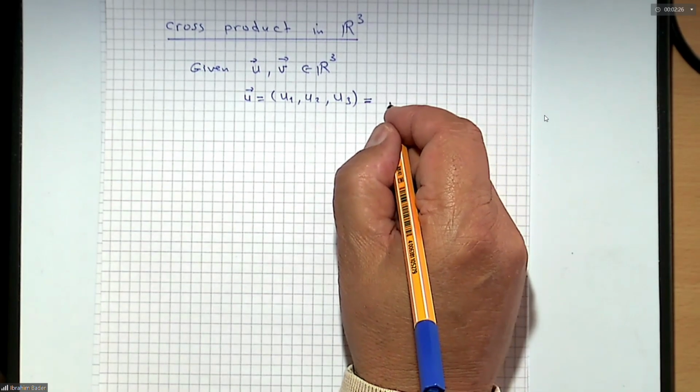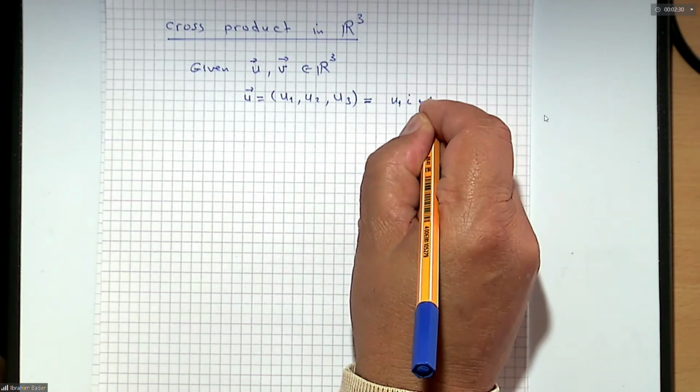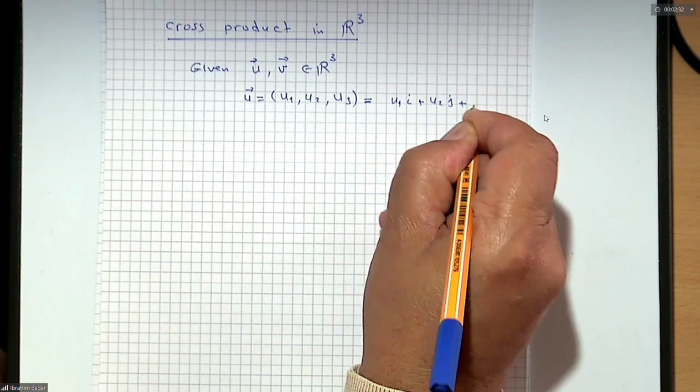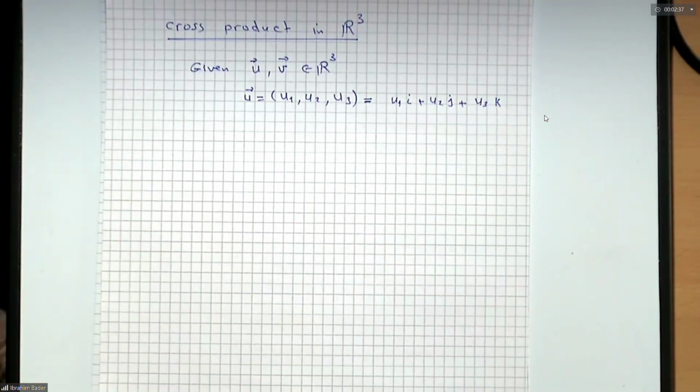So I can say that this is U1 in the i direction plus U2 j plus U3 k. So from now on, I'm going to drop this hat on top of the vectors here.